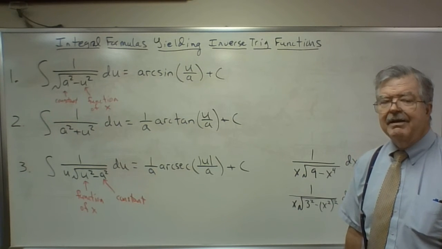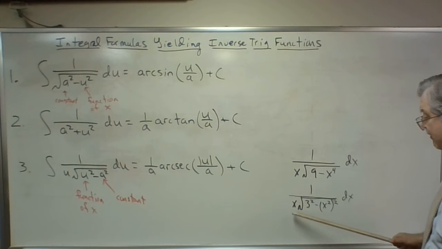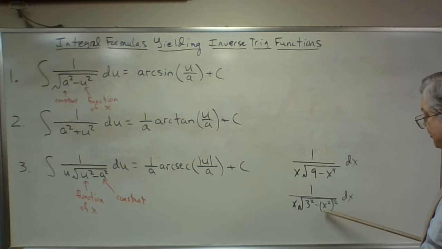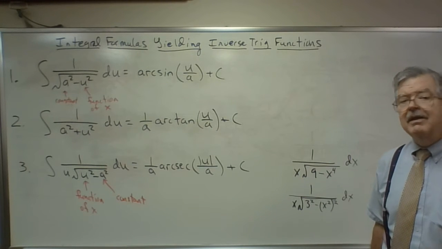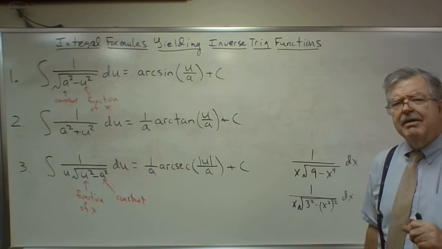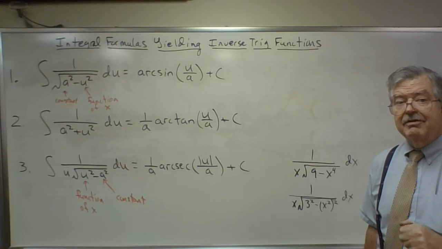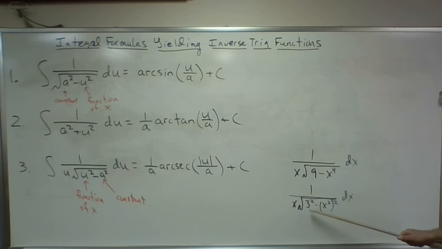No, we can't. Oh, but we have u out front here, and we've got the difference of two things under the radical. That's true. But let's analyze what it is that we do have under the radical. We have constant minus function of x under the radical.